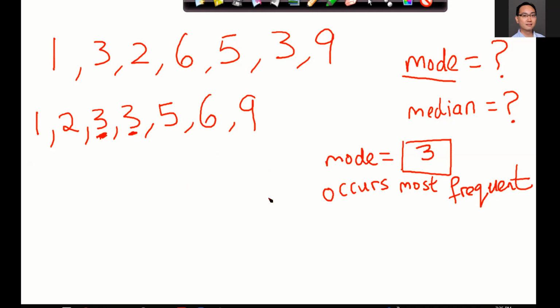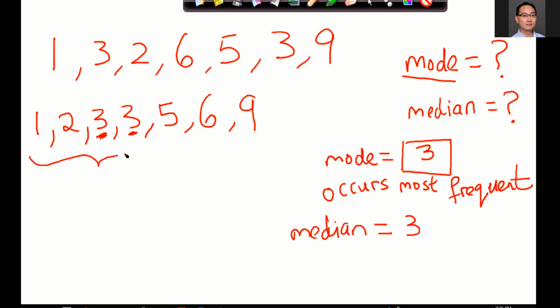Now what about median? 3, yes, correct. How do you get 3? Basically, you are lucky because in this case the total count is an odd number. If you notice, you start from here: 1, 2, 3, 4, 5, 6, 7. There are 7 numbers, right?